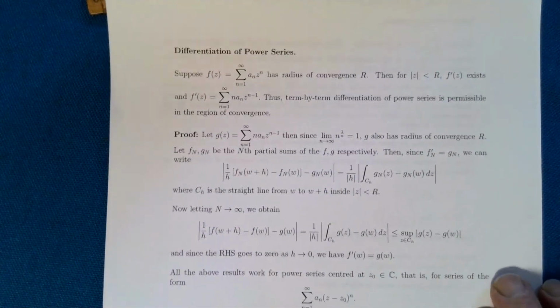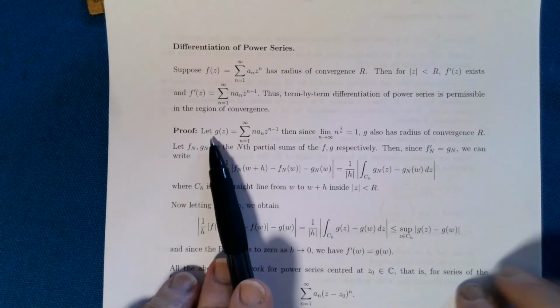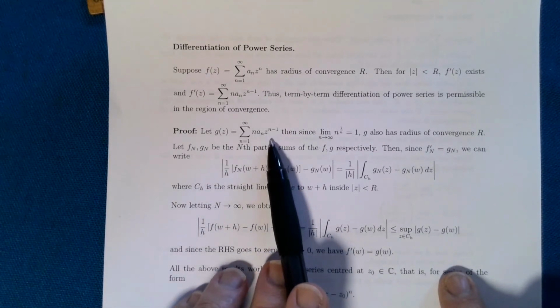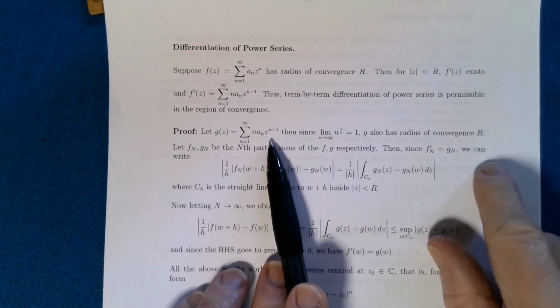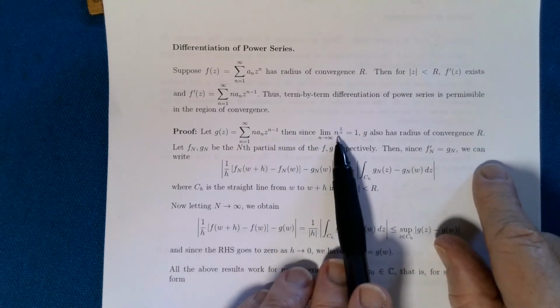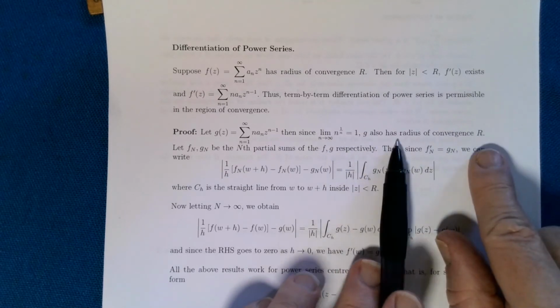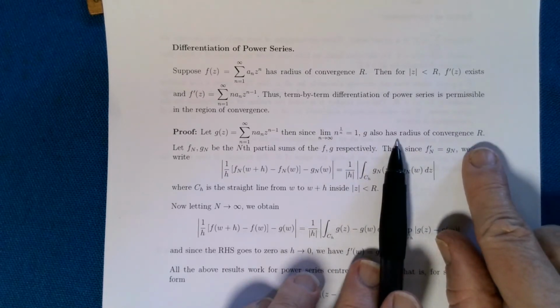And I've just got a little proof of that here. So if we let g of z be this formal derivative, this term by term derivative, then since we know that the limit of n to the 1 over n is 1, g also has a radius of convergence equal to r.